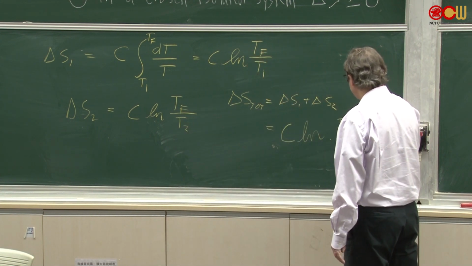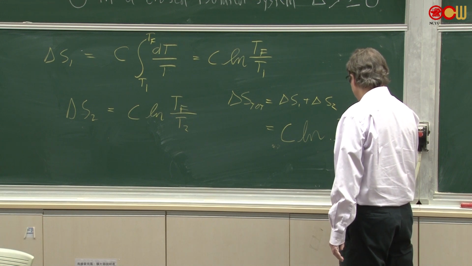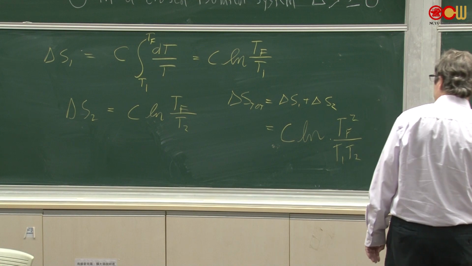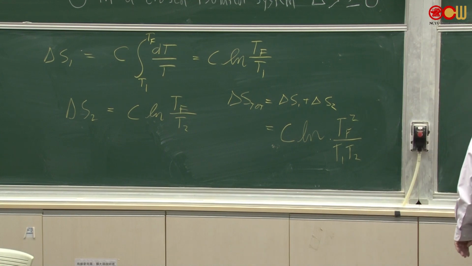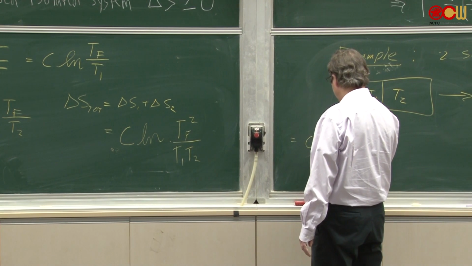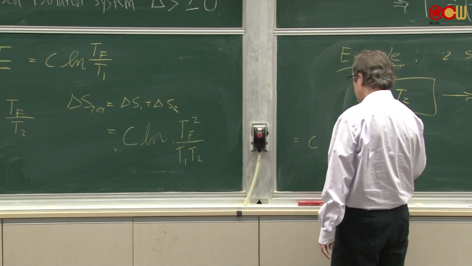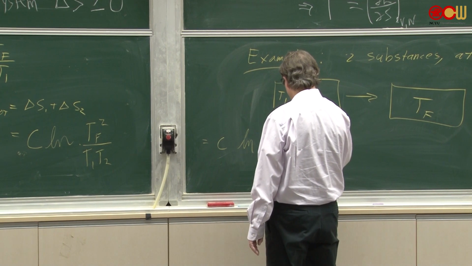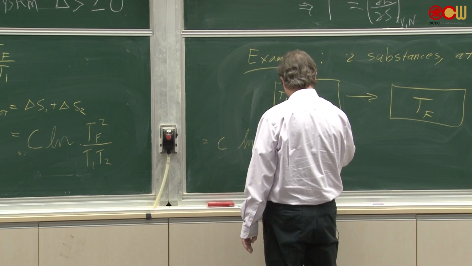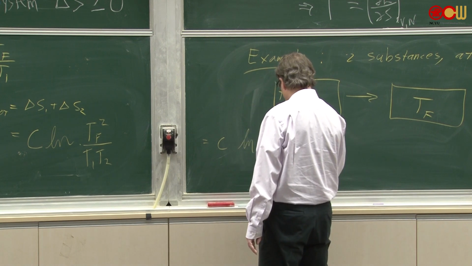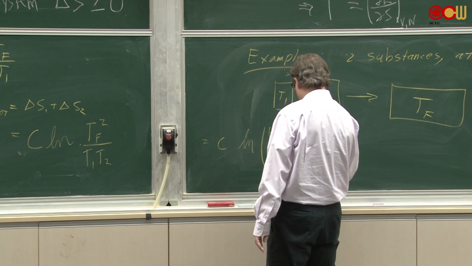So you get Tf squared over T1 T2. Let's put in our formula for Tf. So we get C log of Tf squared, which is (T1 plus T2) squared divided by 4, over T1 T2, so (T1 plus T2) squared over 4 T1 T2.